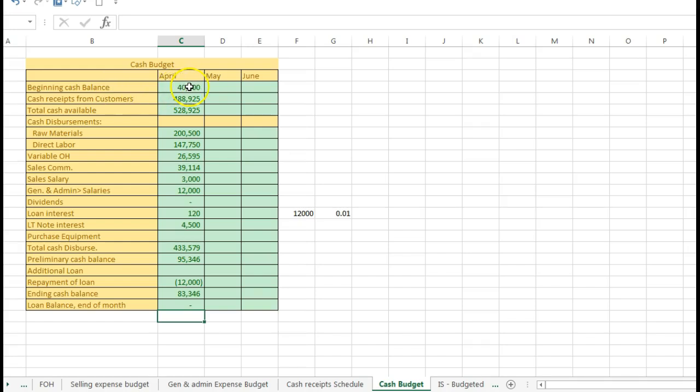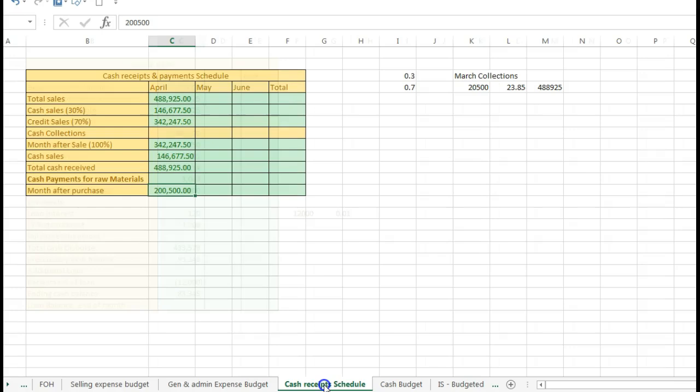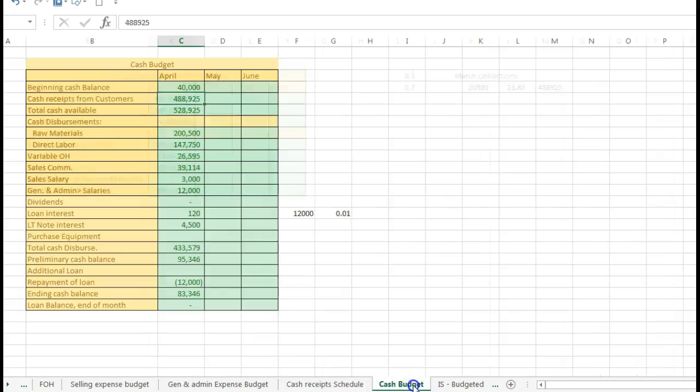It gives us the beginning balance, and that's on that very first instruction sheet. These are receipts from the cash schedule. That gives us a total available cash. Remember that $200,500 that we paid for AP? That goes there. This is from our direct labor budget.